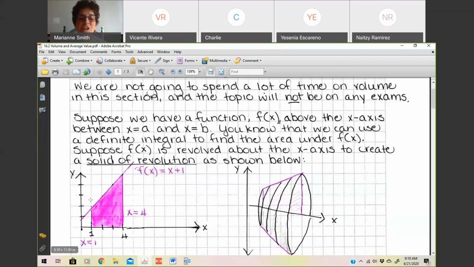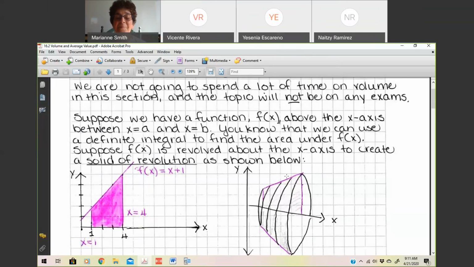That's my original region that you're seeing over here. But if I rotate it, what you're going to get is kind of like part of a cone. Okay, it's going to have a round base. Okay, and you can imagine slicing it into discs like this. Okay, so again, this is my crude drawing.